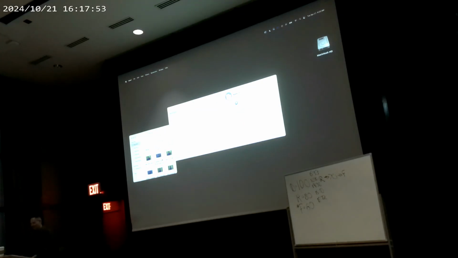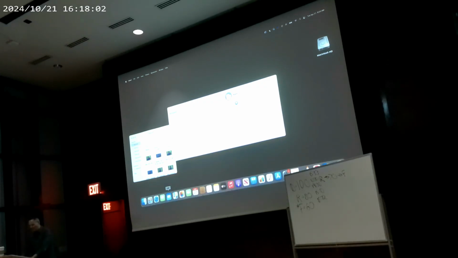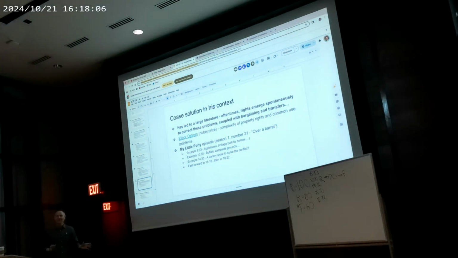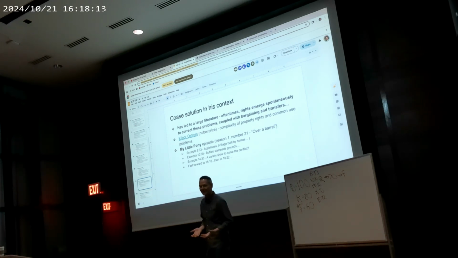But I like that example for a lot of reasons. For one, of course, the Ostromian solution to the problem is a neat take on things, but it's also a really neat illustration of how these problems can be very morally ambiguous, and what is fair is not immediately obvious.